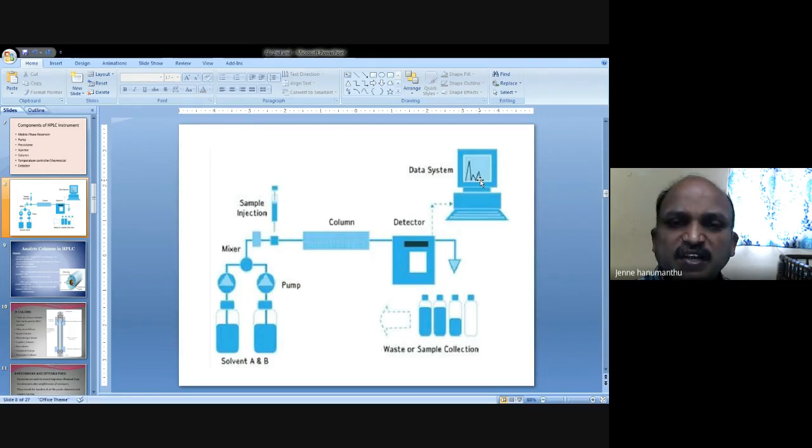Very simple. In gas chromatography, gas is the mobile phase and acts as the carrier. In liquid chromatography, liquid is the mobile phase, acting as a carrier, and it carries the unknown sample into the column. The column acts as the stationary phase.